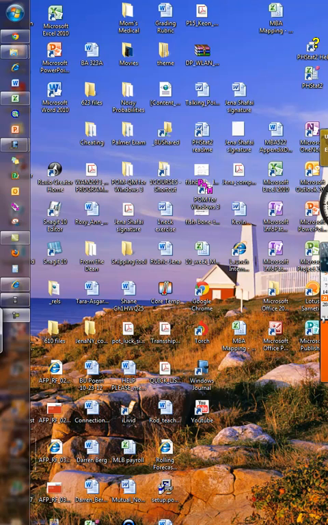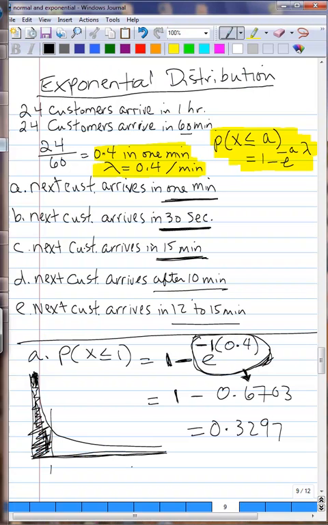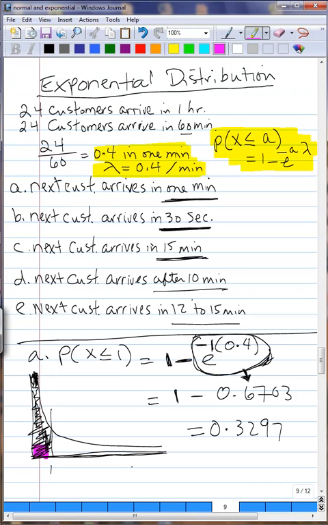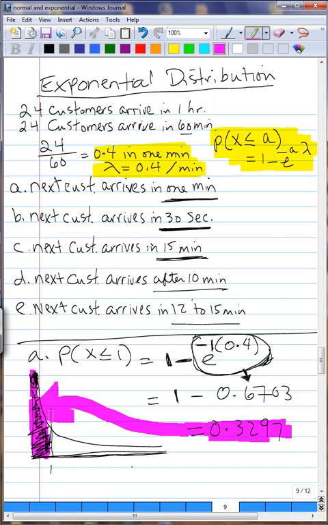So what we have is this area that I was after. We can see that that is equal to this number right here. So approximately a 33% chance, or a 0.33 probability, that a customer will arrive within the first minute.